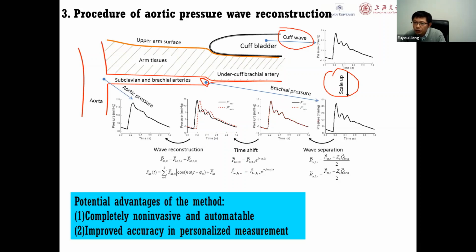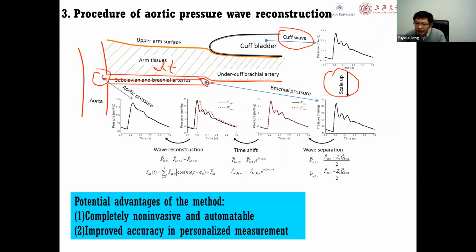And then according to the wave transmit time from here to here, we can change the phase of the two waves and then reconstruct the aortic pressure wave here.